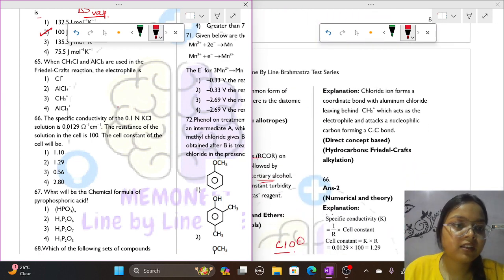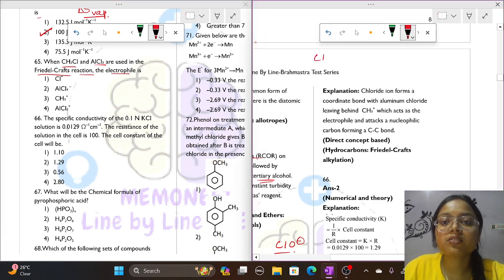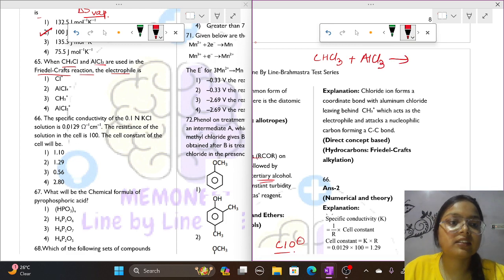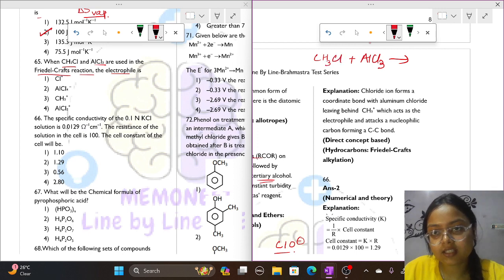For question number 65, when CH3Cl and AlCl3 are used in Friedel-Crafts reaction, the electrophile is asked. So when these both are reacted, what do we get? Here it is CH3Cl.